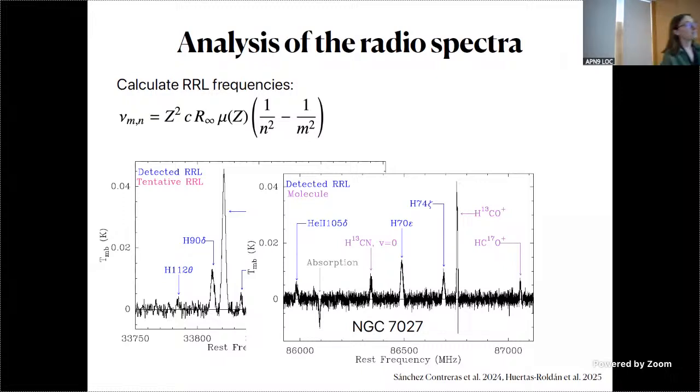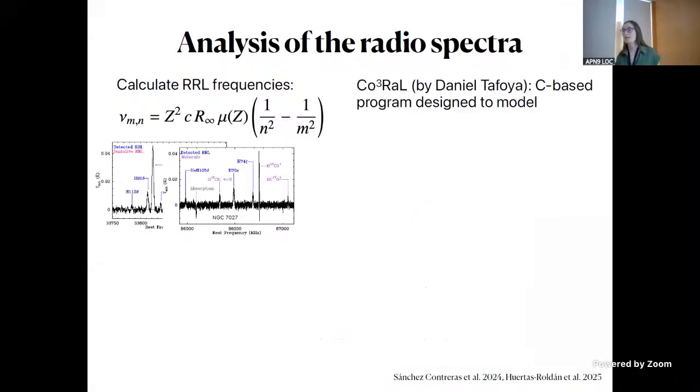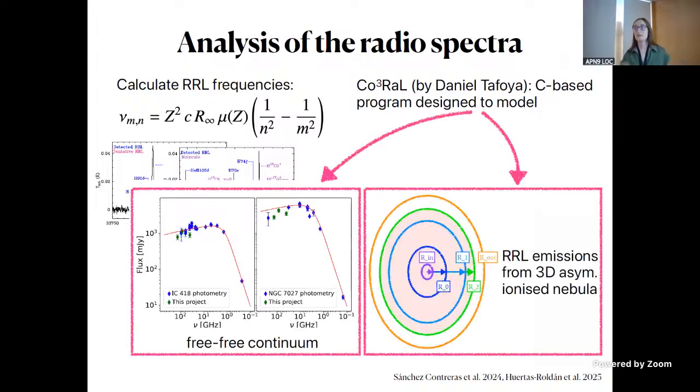And here in this example of the spectrum, you see the recombination lines, but also some molecular emission. Then we used Coral, a model developed by Daniel Tafoya, which allows us to model at the same time the set and an ionized 3-dimensional object with radio recombination line emission.